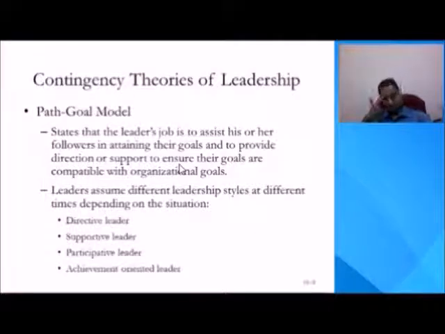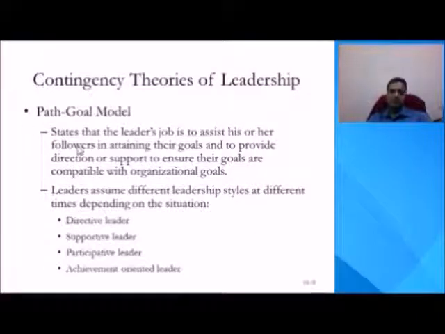So the idea here is that the individual goal of an employee, his career ambitions or his personal goals, should be aligned with the organizational goals, and the leader should facilitate the followers in such a manner that the accomplishment of their goals would eventually lead to the accomplishment of the organizational goals.